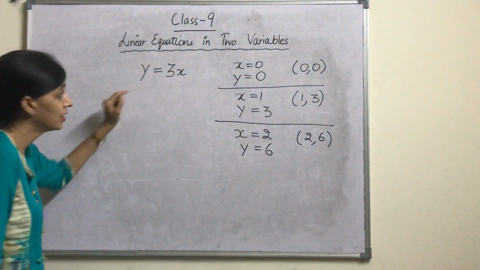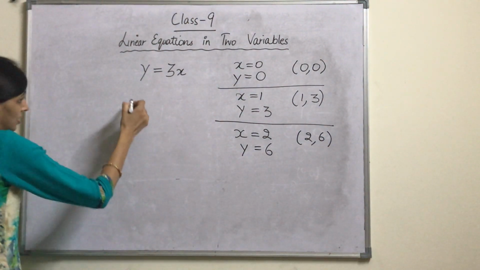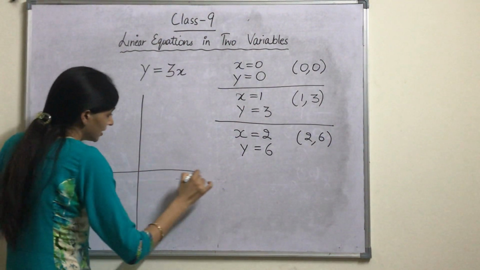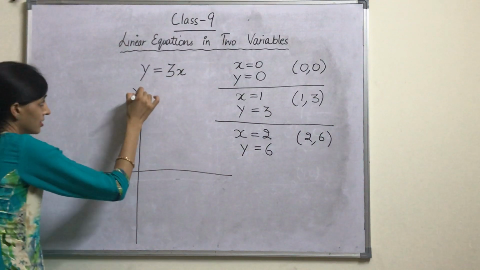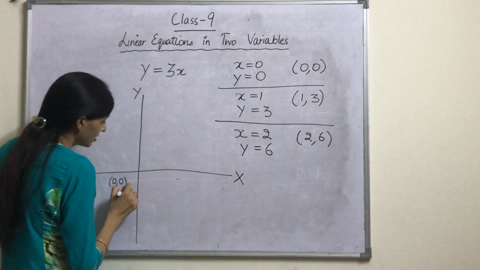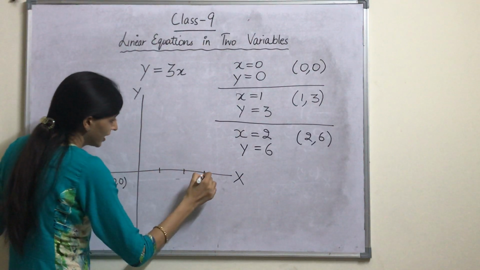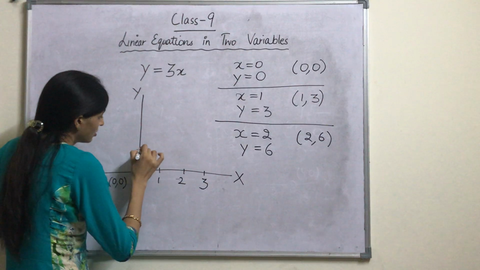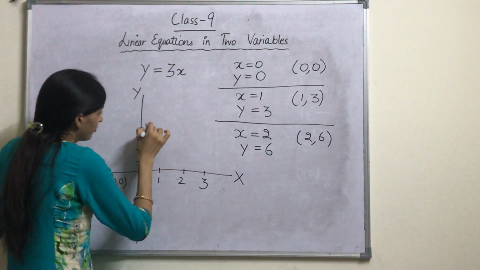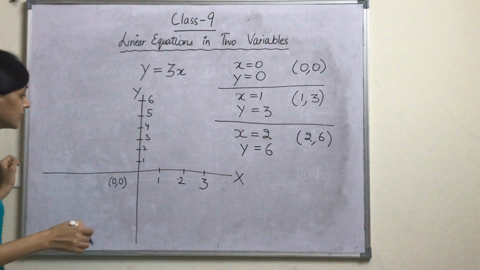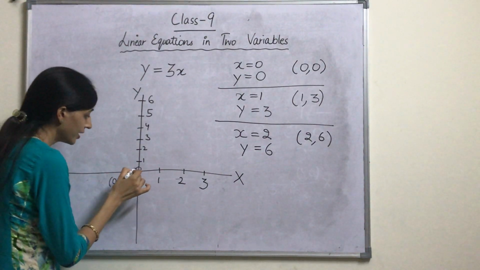That is sufficient? Okay. Now, take the y-axis, take the x-axis. This is your origin. 1, 2, 3. 1, 2, 3, 4, 5, 6. Okay, now x is 0, y is 0. This is the point.